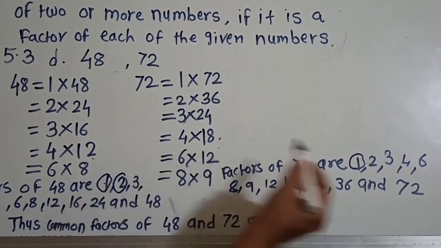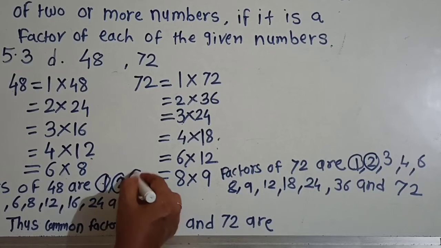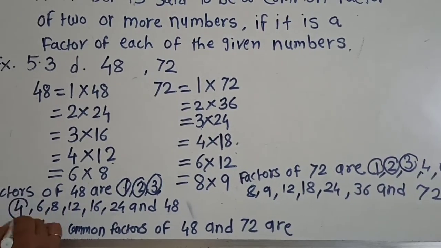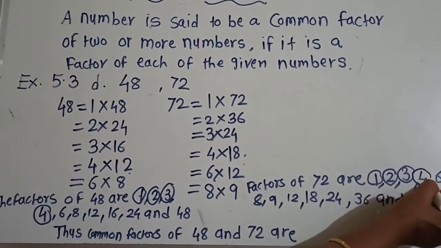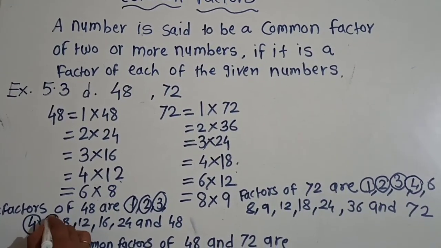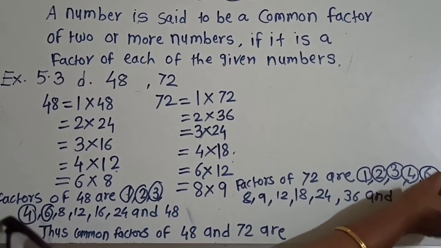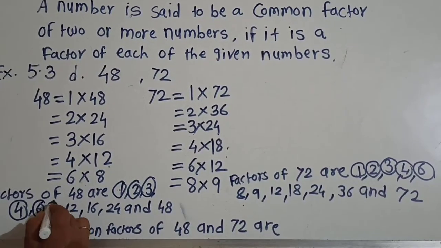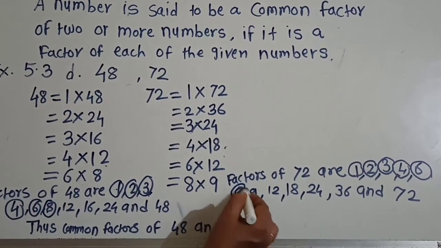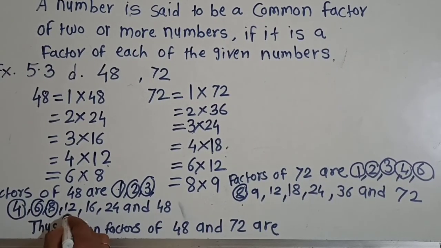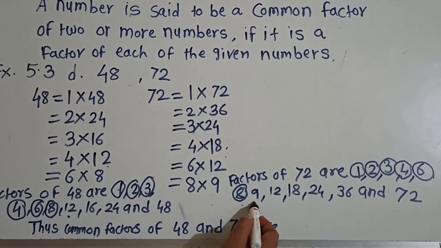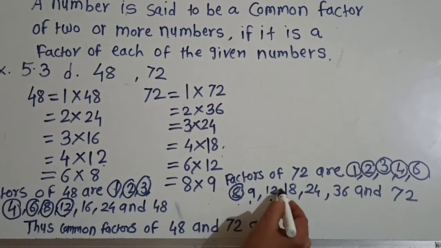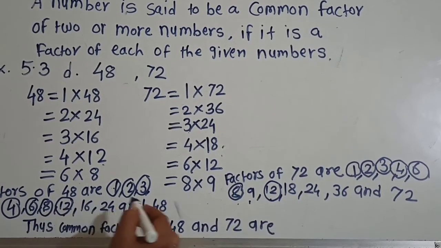Then 2, 2. 3, yes, 3. Here is 4, yes, here is 4, 4 is also common. Then 6, yes, here is also 6. Then 8, yes, here is also 8. Then 9. Here is 12, but here is 9. 12 is there, yes, 12 is also a common factor. 9 is not common. Okay.